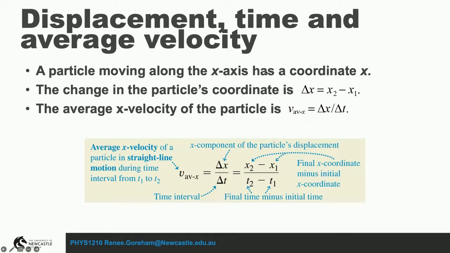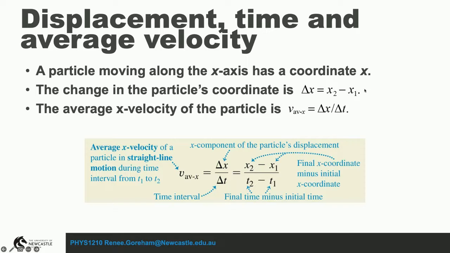Like I mentioned, we're just going to go horizontally first, and we can find the change in the particle's coordinate using delta x. So x means it's in the x-axis, and this delta just means the change in. Remember that with delta, it's the final position minus the initial position.